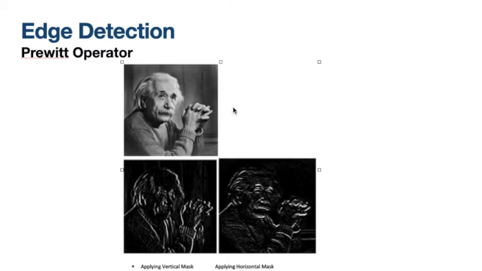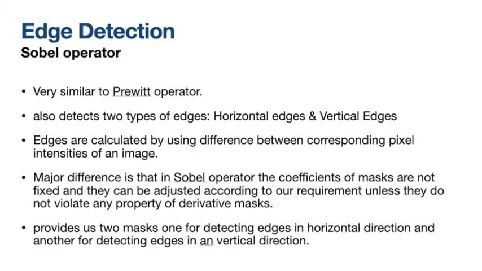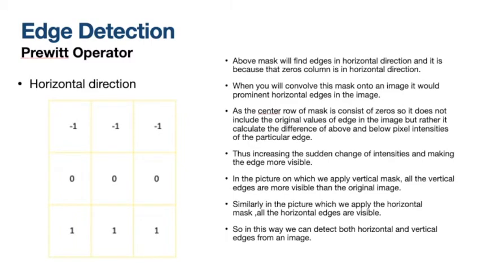And after applying the horizontal mask on this image, you can see all the horizontal edges more clearly. So in this way we can detect both horizontal and vertical edges from an image. Okay, that was Prewitt operator.